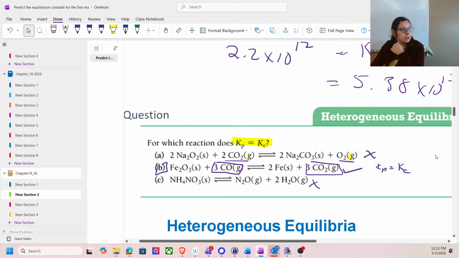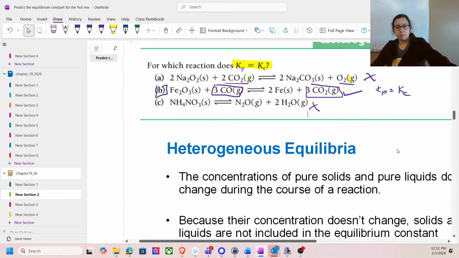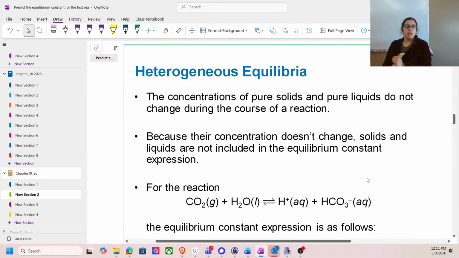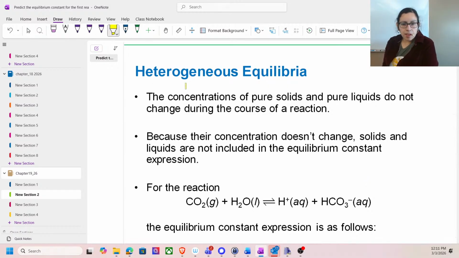Good. Any questions about those? All right, so now let's look at some other equilibrium issues. Now we're thinking about heterogeneous equilibrium.